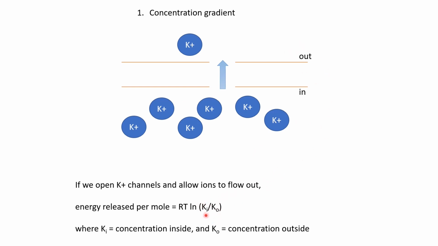So if this ratio is more than 1, the concentration inside is higher, then this term is positive. So positive energy is being released when the potassium ions move out. And if the concentration inside were less, then the energy released would be negative. So that means energy would be consumed.